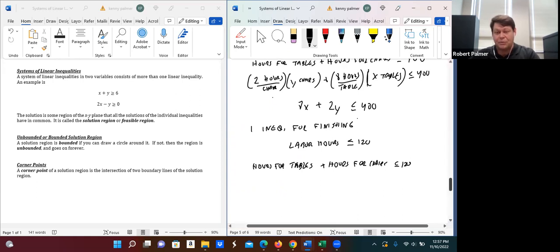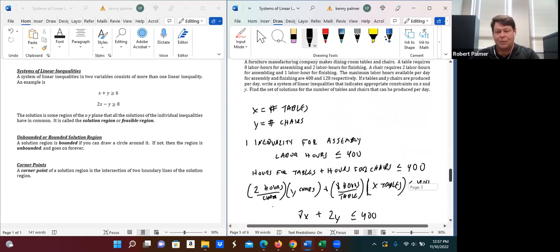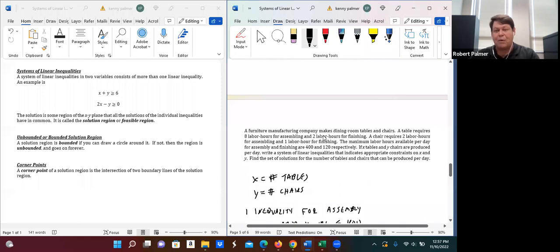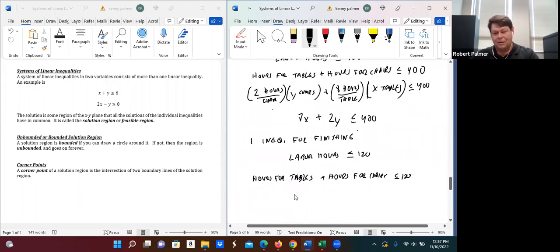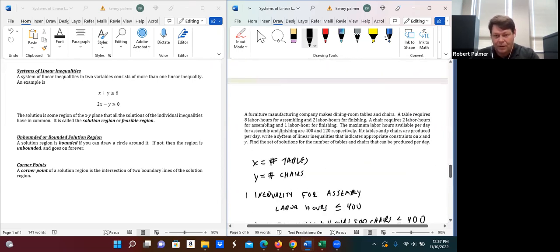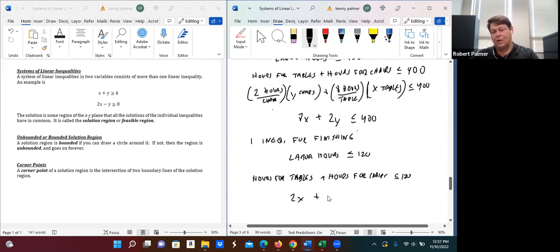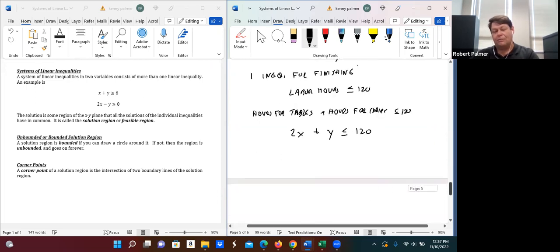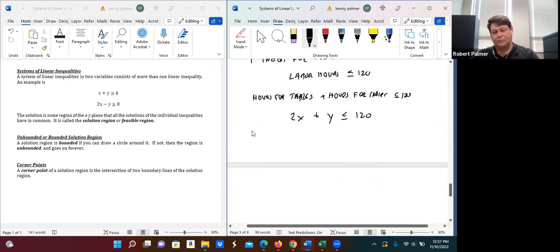For tables, it was 2 hours for finishing, so 2x is the number of hours we can have for that. And then for chairs, it was 1 hour for finishing, so it's going to be 1y, or just y. And this is going to be less than or equal to 120. Okay. Now, a couple more constraints, additional constraints.